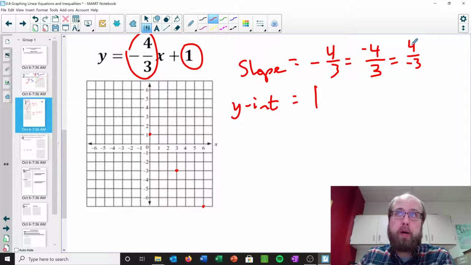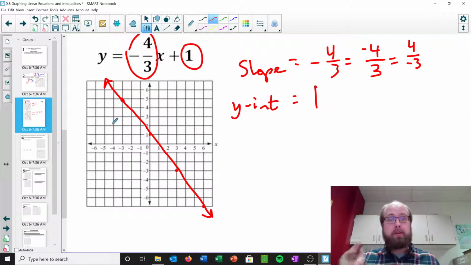A rise of positive 4 is up, a run of negative 3 is left. So we go up 4, left 3, and put a dot there. That's plenty of points, so we can graph it, and that's our graph.